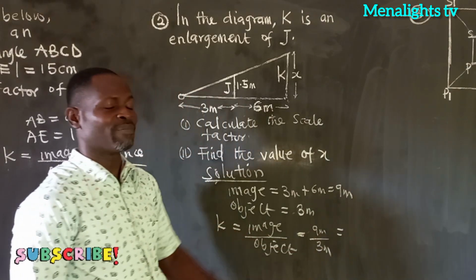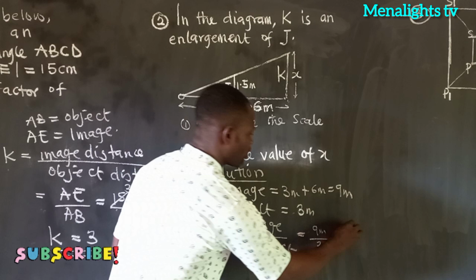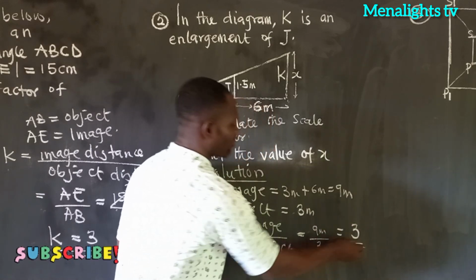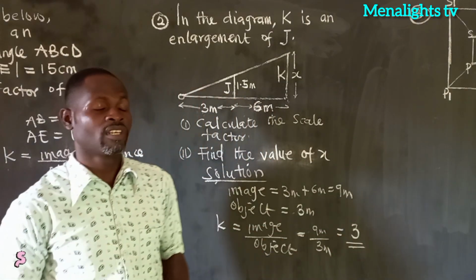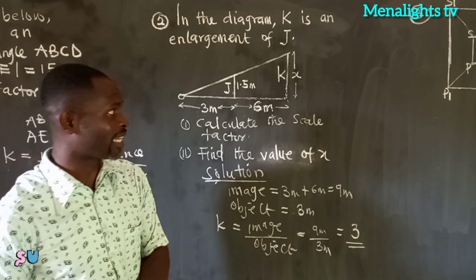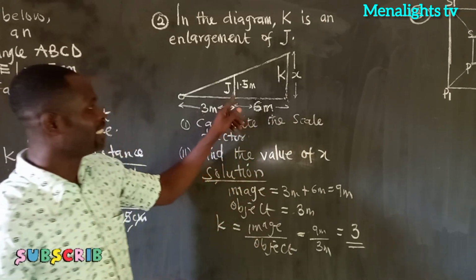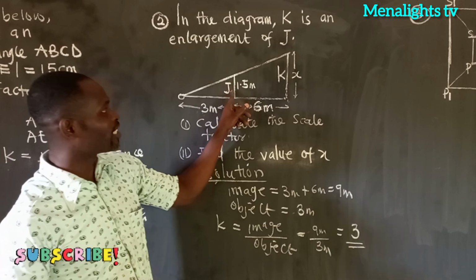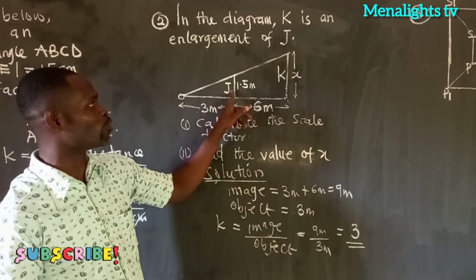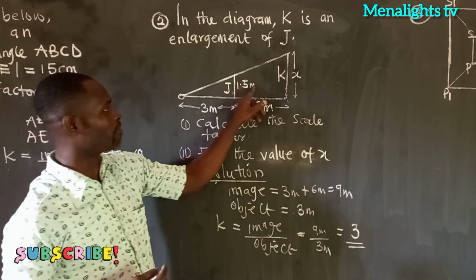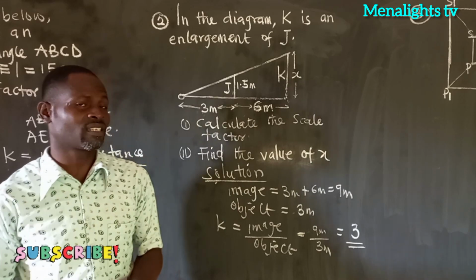So 9 divided by 3 will give us 3, which means our scale factor K is equal to 3. Now if the scale factor is 3, and they use the scale factor to enlarge 1.5, what will be the value of X?